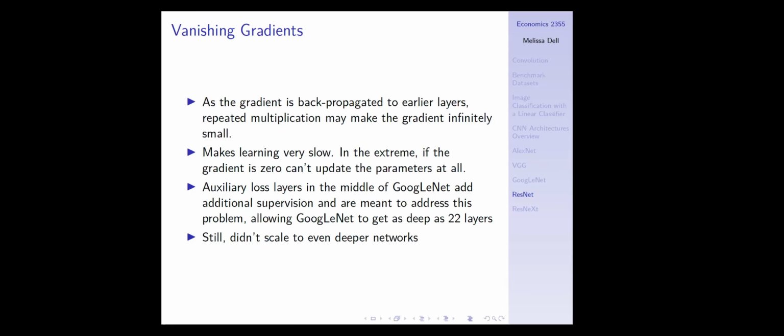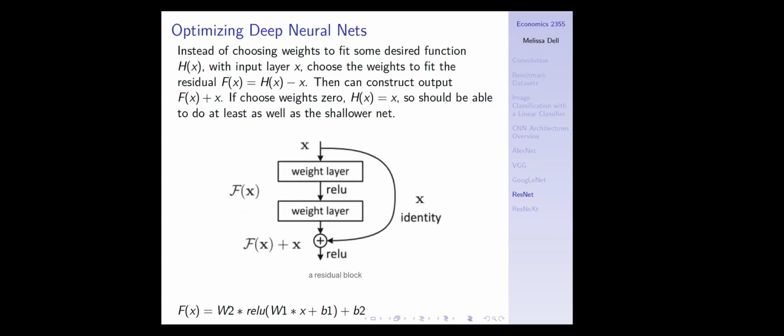In GoogleNet, they had those auxiliary loss layers in the middle, and they were trying to use that to get around it, but it wouldn't scale to things larger than GoogleNet. The insight of this paper, which I think is really beautiful because it's very simple, but it wasn't obvious to people at the time, is that in a traditional network we have some h of x function, and we have some input x, and we're choosing the weights to fit that h of x function, which is exactly the intuition we saw in the videos from last class.